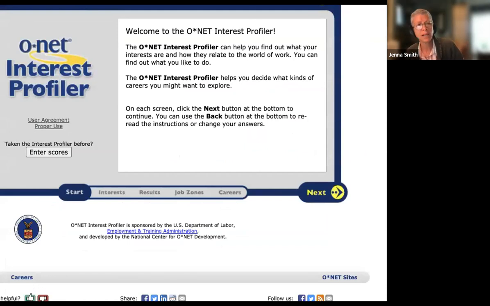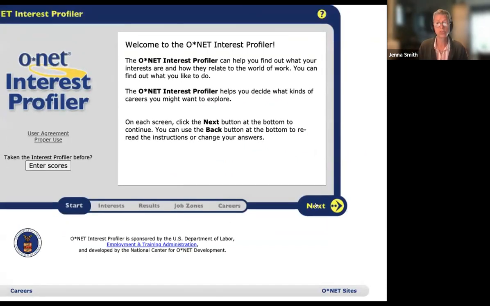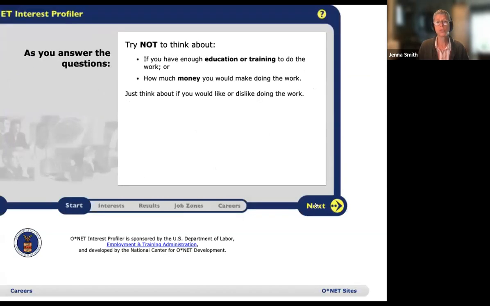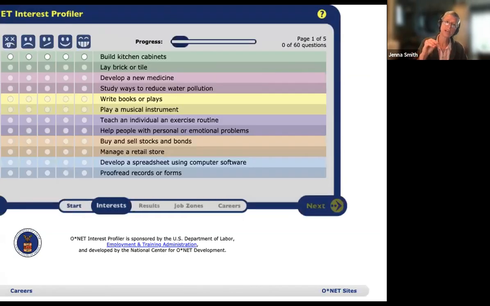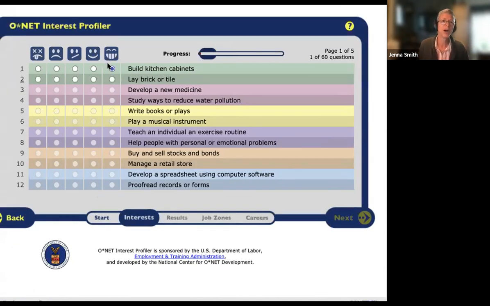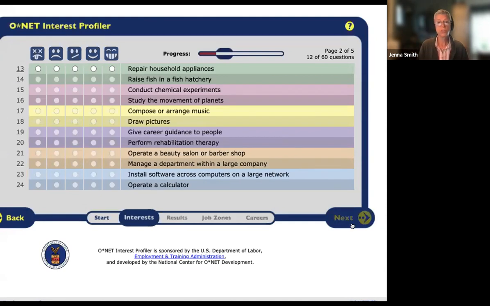This is the O*NET Interest Profiler, and this is one where the students can go online and you can read to them different aspects of jobs and they can check, and you can see across the top there's these icons, a big smiley face for if they love it, a tongue sticking out with 2 X'd out eyes for if they hate it, and it just goes through a list of your interests and things that you like or dislike, and at the end of this it'll generate for you some potential careers that you might be well suited to.